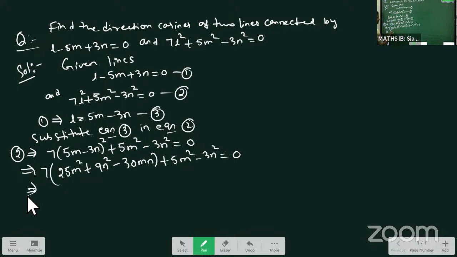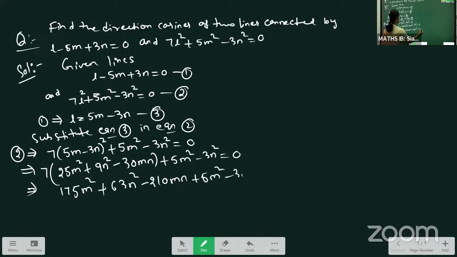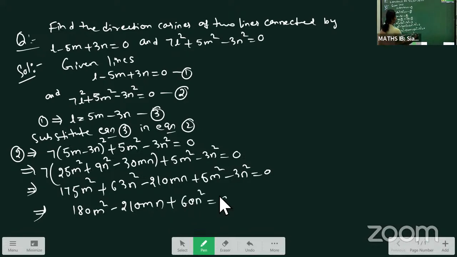Now again multiply with 7: 7 into 25, 175m square, plus 7 into 9, 63n square, minus 7 into 30, 210mn, plus 5m square minus 3n square is equal to 0. Add the similar terms: 175 plus 5, 180m square, and the second term 210mn, and 63n square minus 3n square, 60n square is equal to 0.